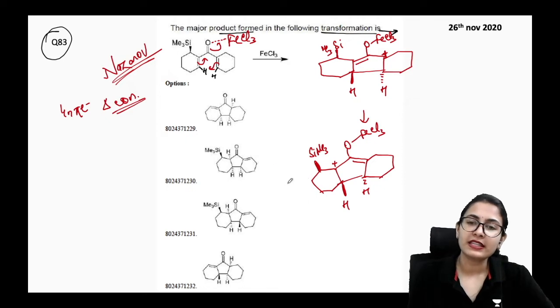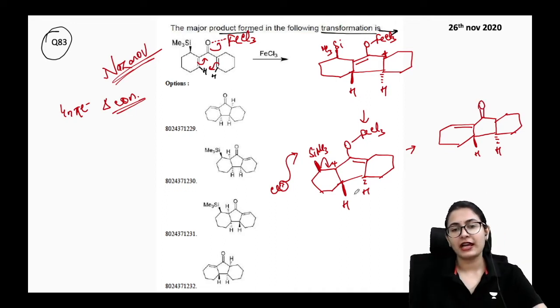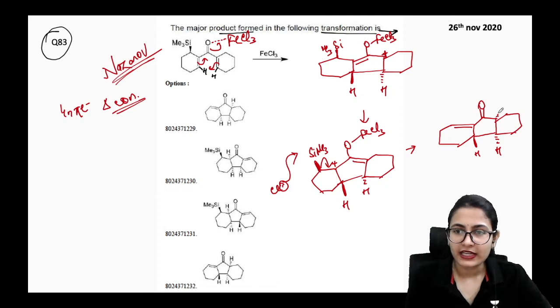Because the Cl minus, which will become free from here, is going to attack over silicon, and silicon happily loses its electron density to the molecule, becoming a pi bond like this. And I'm finally writing the product after the aqueous workup. So this is going to be our final product where the hydrogen is still below.